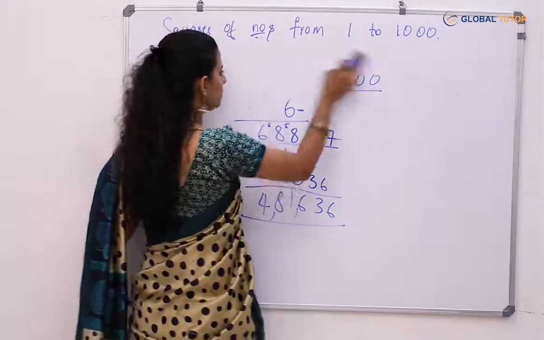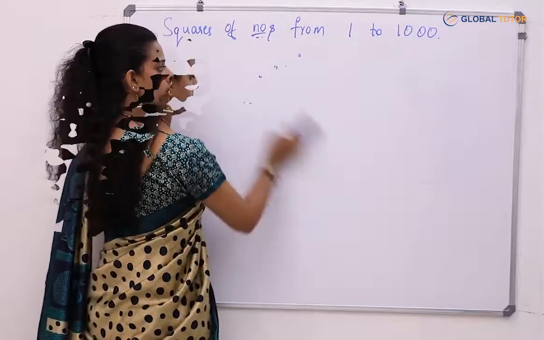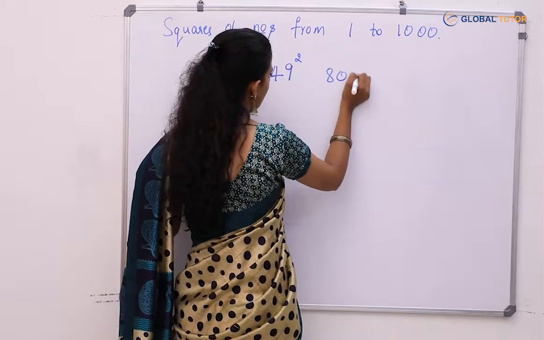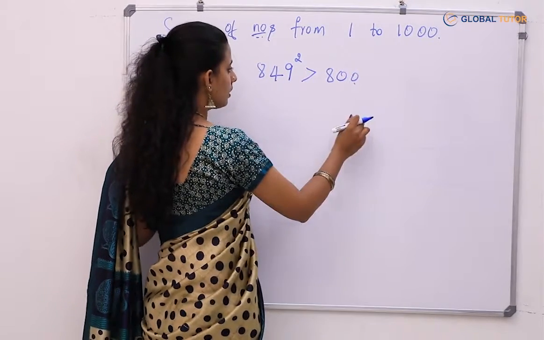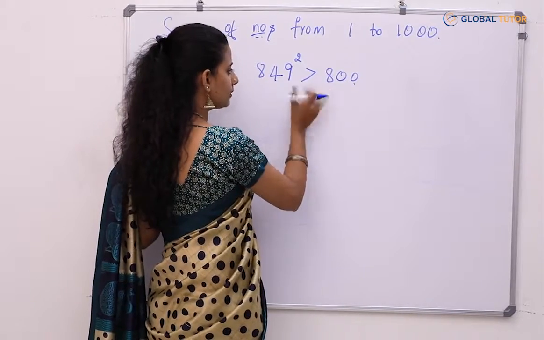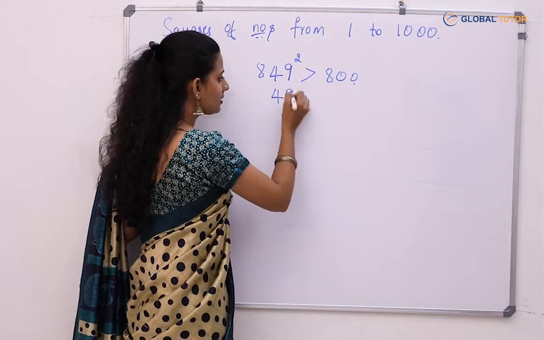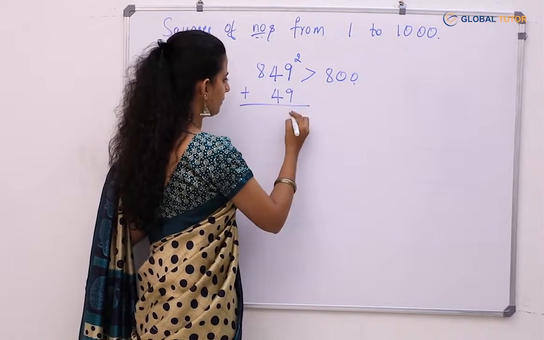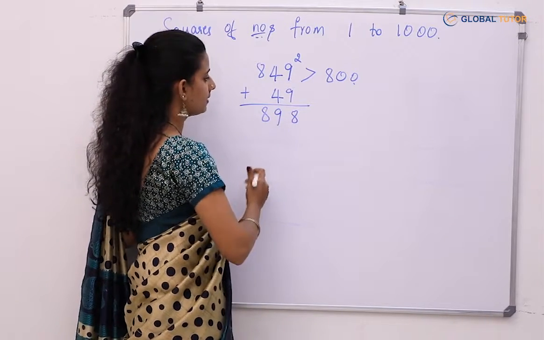Let's do another number. I am going to take 849 square now. Now which is the closest hundred number? It will be 800. And 849 is greater than 800. The first step is to find out the difference between these two numbers, which is 49. Because 849 is greater than 800, you add 49 to 849. So it is 898.